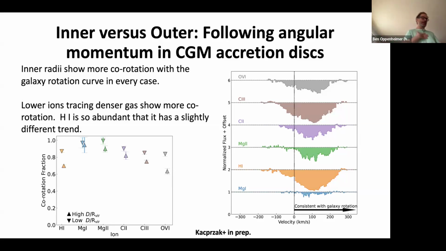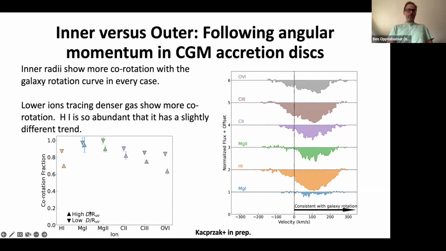So it's a bit of a surprise to me that oxygen 6 shows as much co-rotation. I expected some, but not all of it. So if you think about the first part of this talk, that 1D atmosphere static halo, well, this contradicts that. It suggests that most oxygen 6 detected here is co-rotating from a different component.